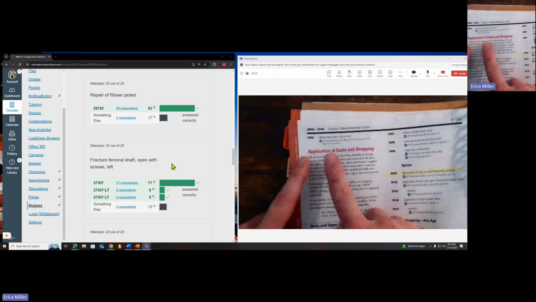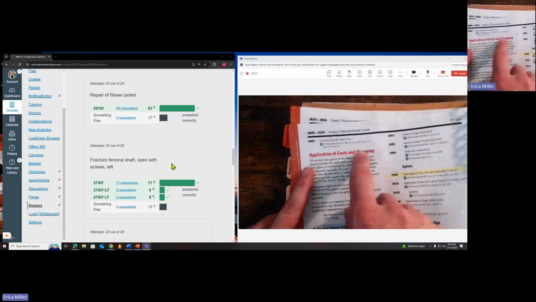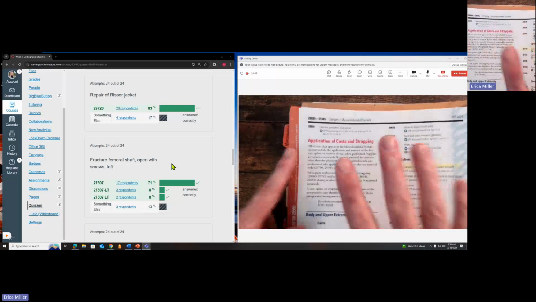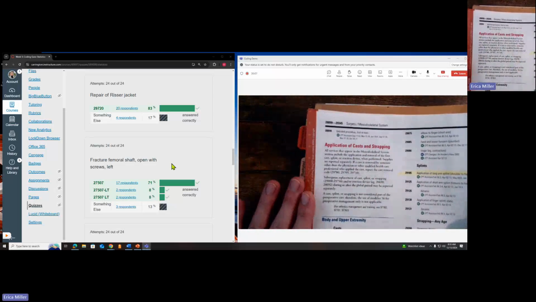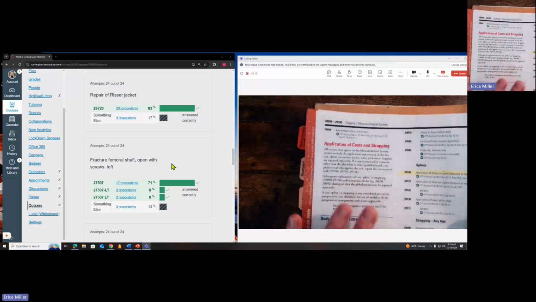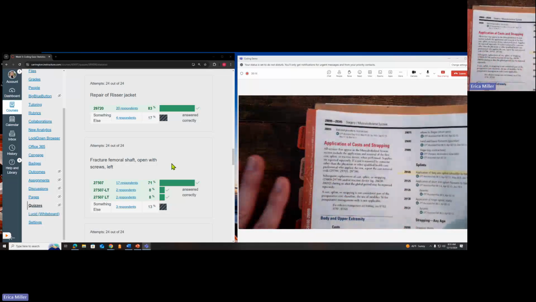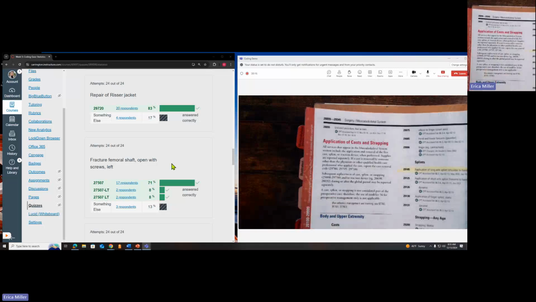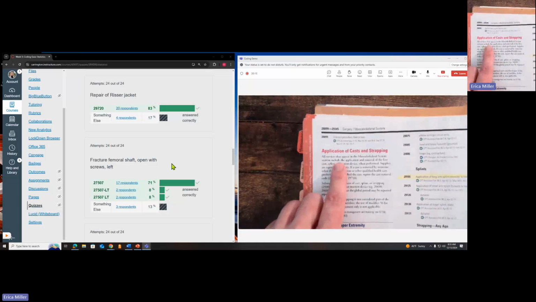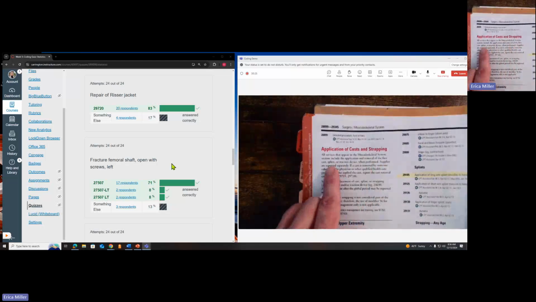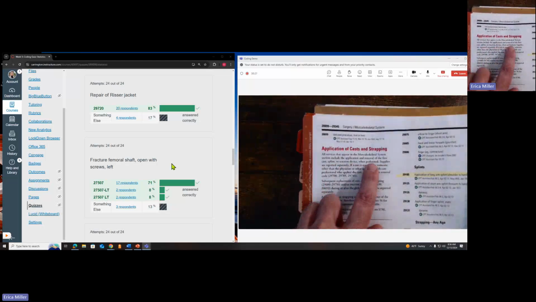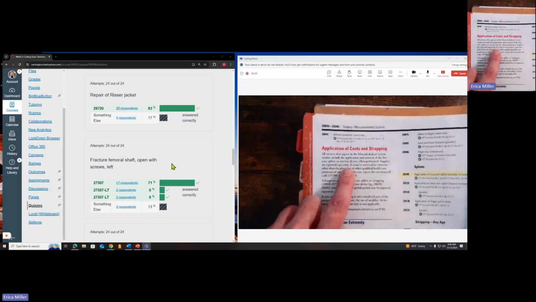Okay, so again, paying attention to these bold red areas. So we got application, so we need to read the guidelines. You may find that your guidelines give you some information, some clues. If you're looking for repairs, go here. Let's see what it says. It says all services that appear in the musculoskeletal system section include the application and removal of the first cast, splint, or traction device when performed. Supplies are reported separately.